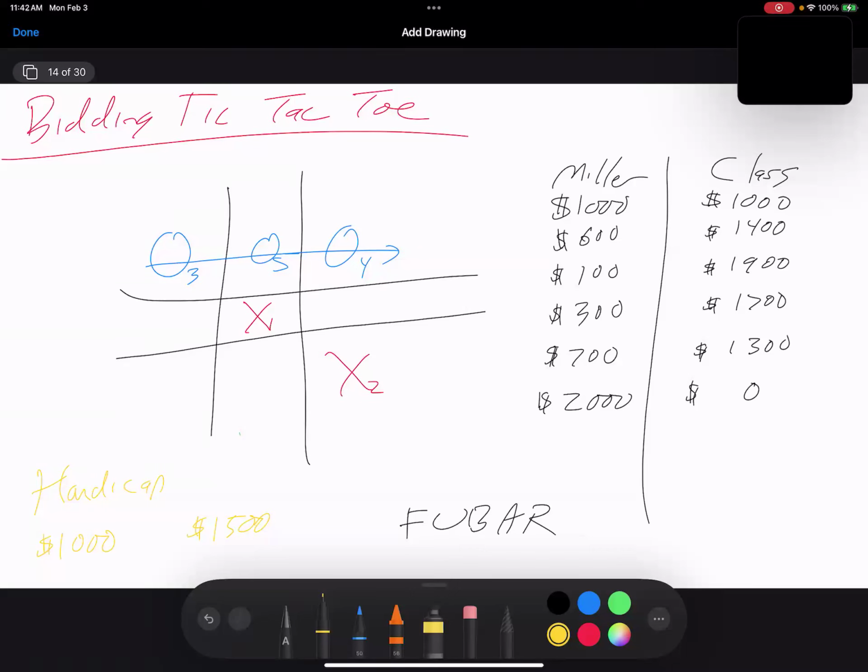There's a lot of things in mathematics where the discrete maximum is very different than the continuous maximum. If people are interested, there's a famous problem called the knapsack problem, where if you have continuous stuff to put in your backpack, that's very different than if you have discrete amounts. So this is another example of tic-tac-toe that is interesting.